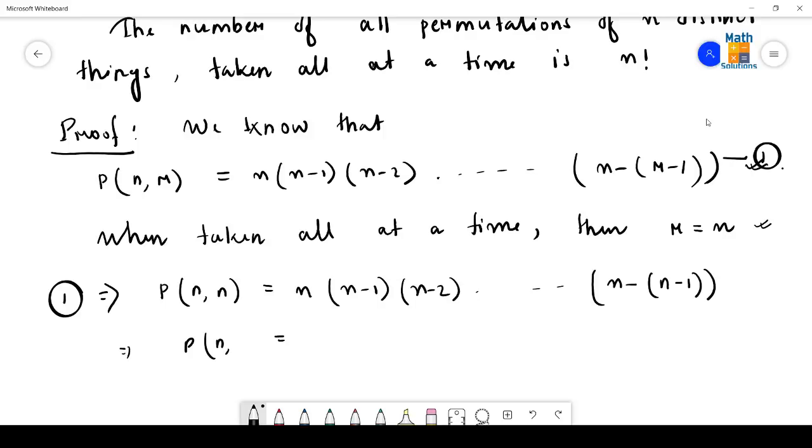P n comma n will give us n into n minus 1 into n minus 2, continuation up to, when I remove the inner brackets, n minus 1 will get cancelled, n minus n will get cancelled, and minus into minus will turn positive 1.